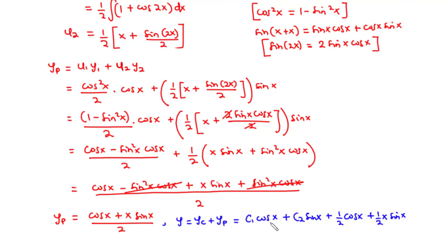Now we have cos x here and cos x here. C1 is a constant, 1 over 2 is a constant. So let's say C1 plus 1 over 2, let's call that C3. So we have y equal to C3 cos x plus C2 sin x plus 1 over 2 x sin x.